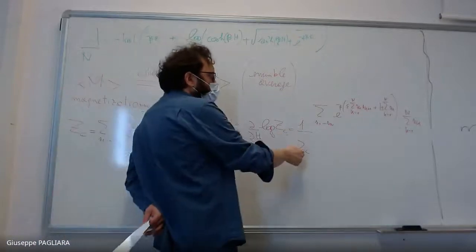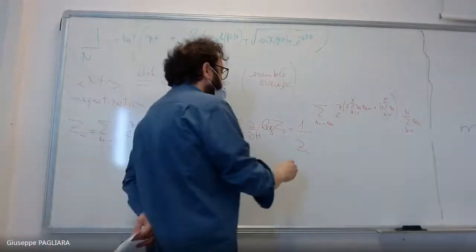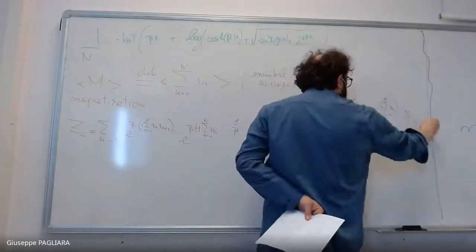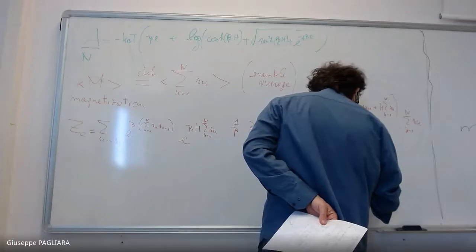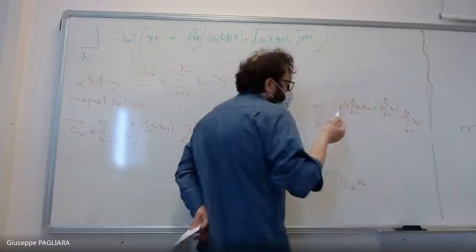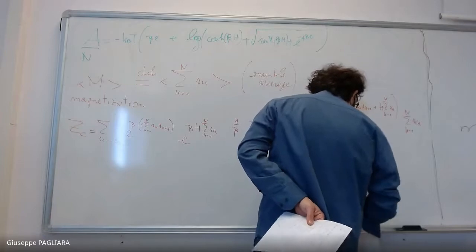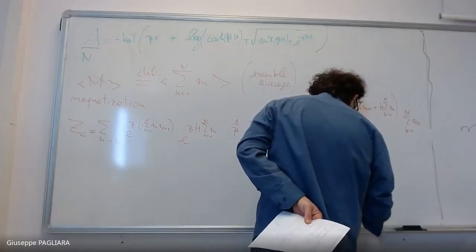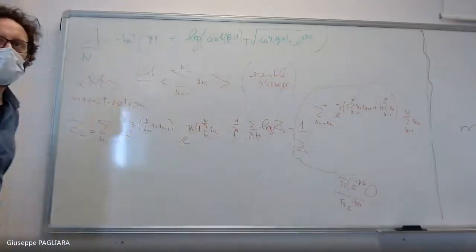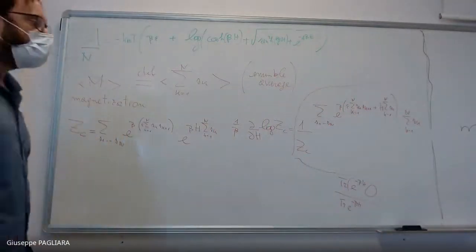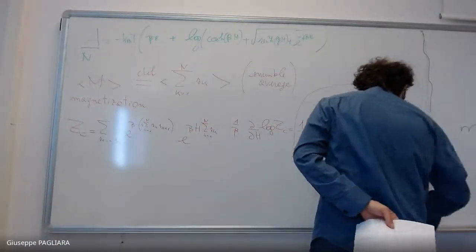Because I have 1 over Z_C, and then here I have the structure e to beta H. So this structure corresponds to the trace of e to minus beta H, where H is the Hamiltonian, times the observable, divided by the trace of e to minus beta H. In this case, the observable is the magnetization. So it has the structure of an ensemble average.